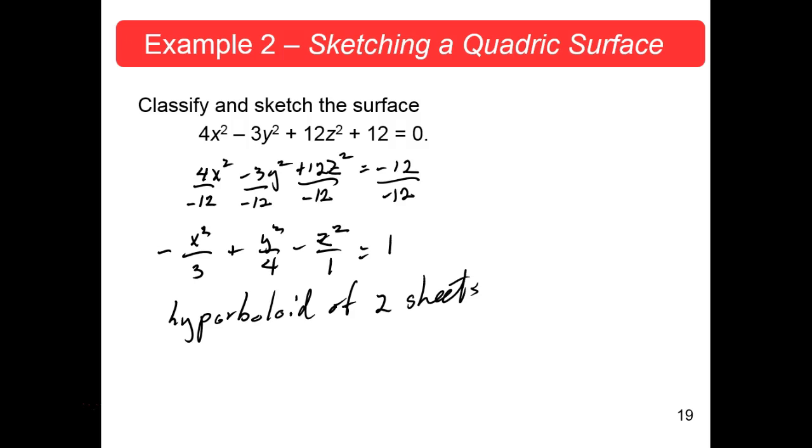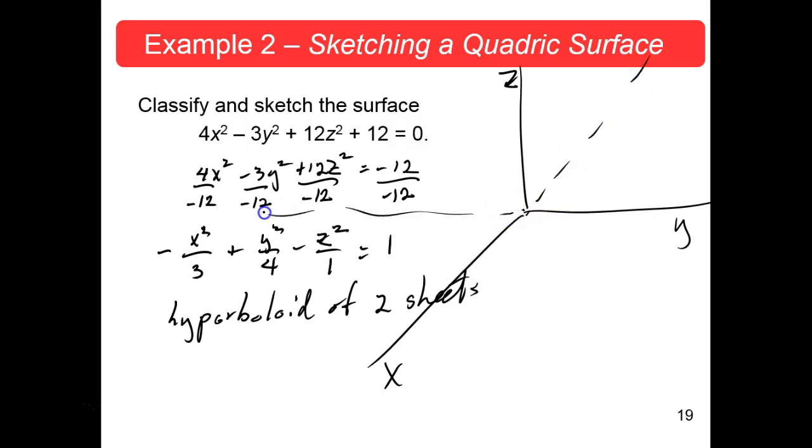Does that make sense? Just looking at it. Did I want to sketch it? Oh, no, I don't. Well, I'll try. I hate sketching these things. Again, X, Y, and Z. You know Y can't be 0, so let's extend the X-axis, the Y-axis, and the Z-axis.